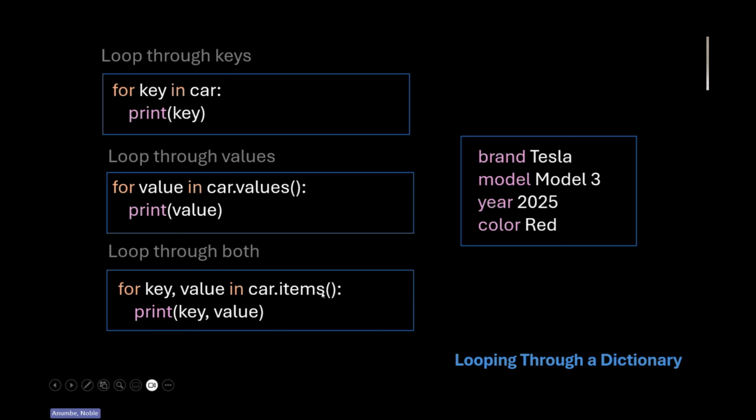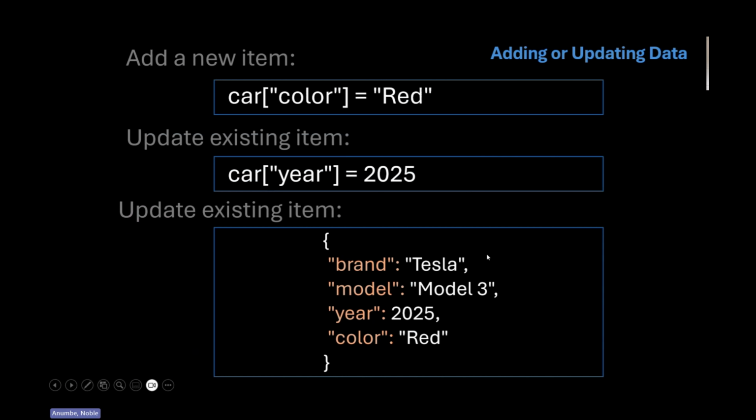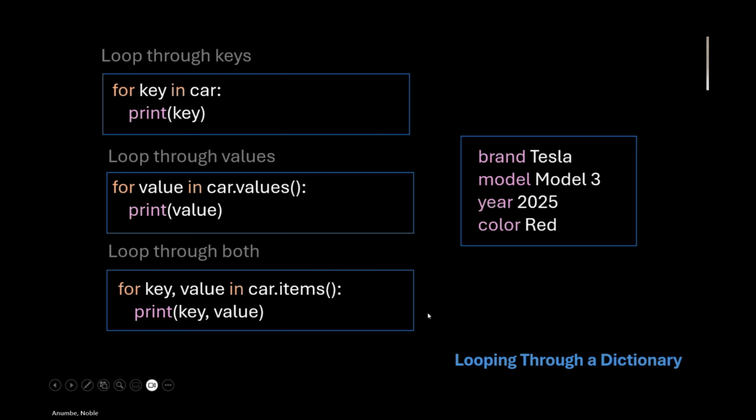Notice what changes here, all of the items within the dictionary. And then you ask it to print the key and the value. And if you do that, it creates this particular output that you have here, which is your brand, your model, your year, your red, which is exactly what we have here. That's how you loop through a dictionary.